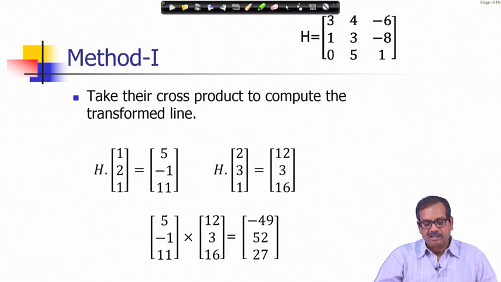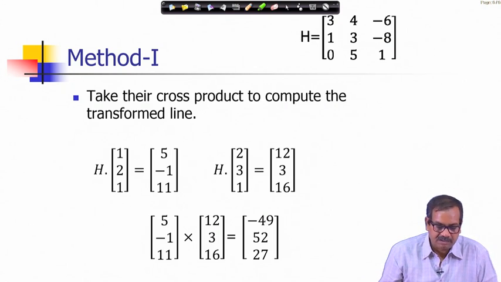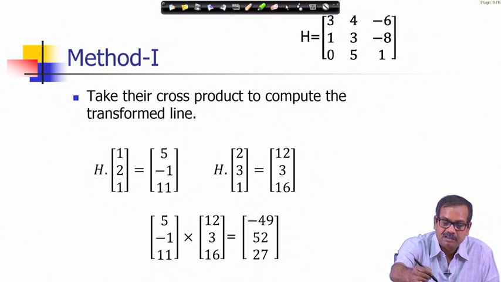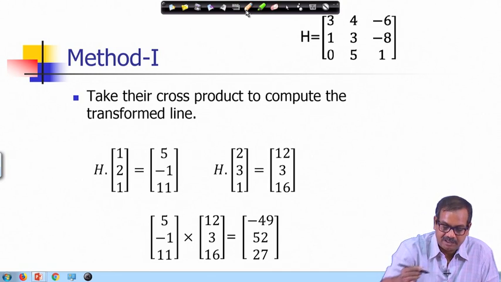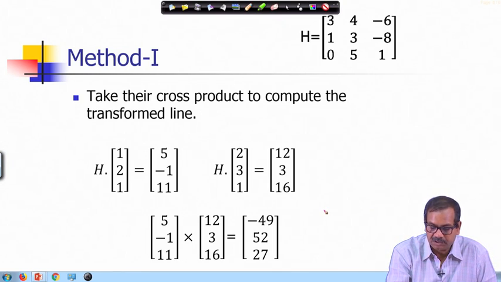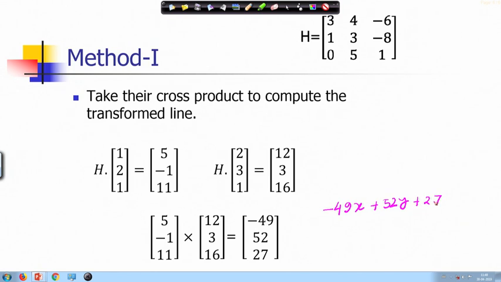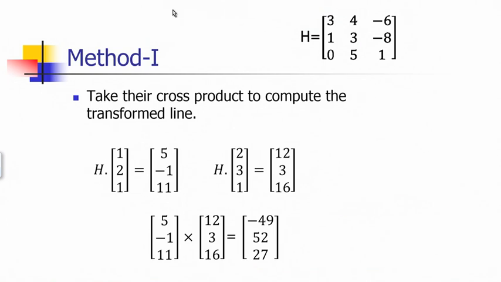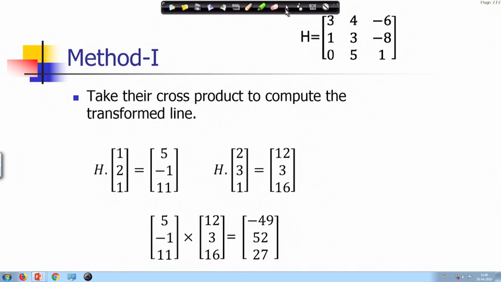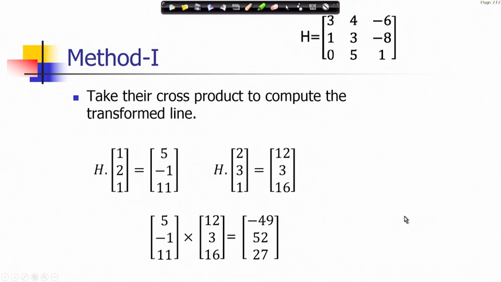So, that is the representation of the straight line, which means the straight line in our conventional coordinate form should be represented as minus 49 x plus 52 y plus 27 equals 0. So, this is one of the method by which we have carried out these computations.